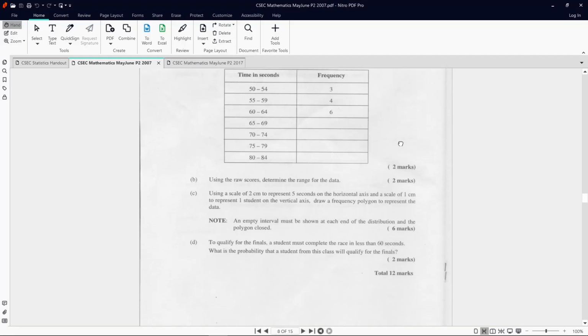Now let's see what else is required of us. So using the raw scores, determine the range for the data.